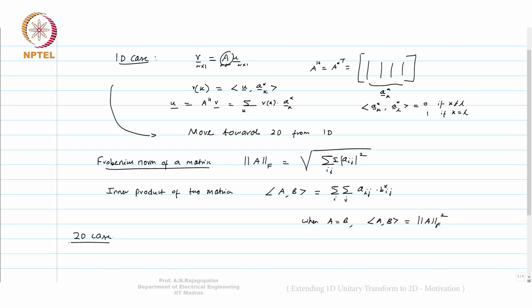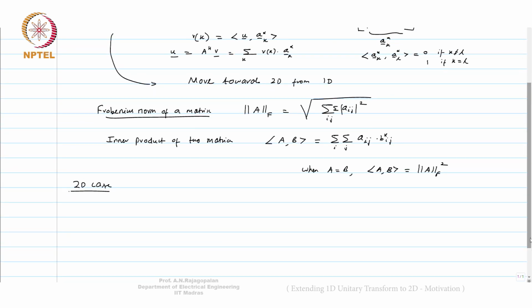So what we will do is a construction, that is, construct a matrix. I'm going to call this A star KL, such that it comes as AK star times AL star transpose.